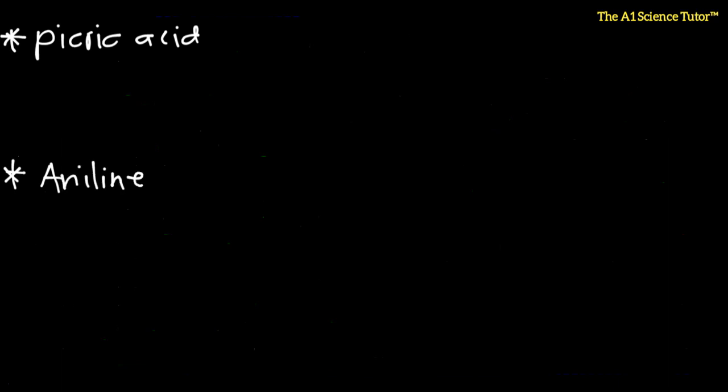Now, what is going to be the structure for the following compounds? You have picric acid and aniline. Oh, and I think I need to write another one. Aminophenol.